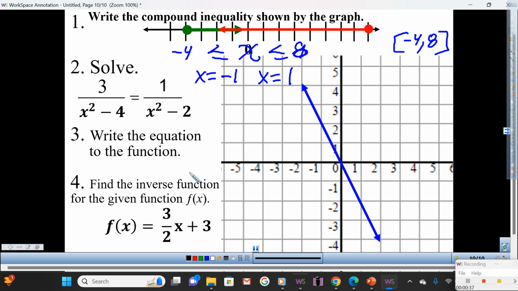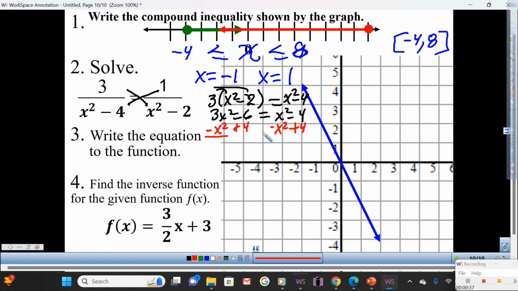So really quick, here goes the process in case you missed it. This is 3 times x squared minus 2 equals 2 times x squared minus 4. Distribute. 3x squared minus 6 equals x squared minus 4. Then get everything to one side. Minus x squared plus 4 minus x squared plus 4.